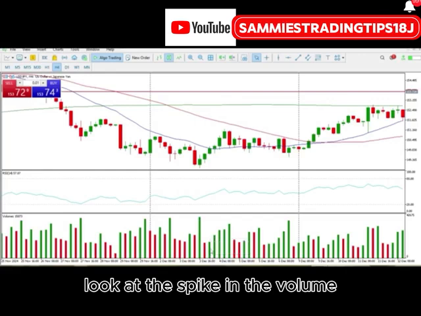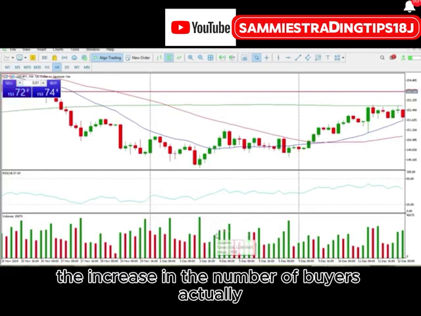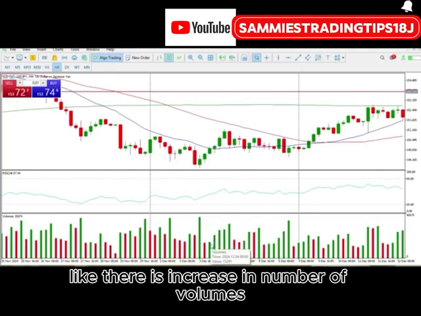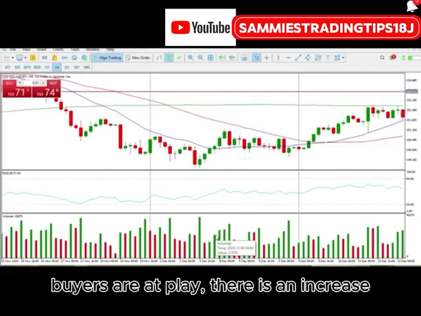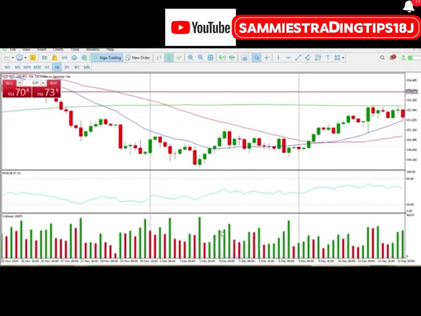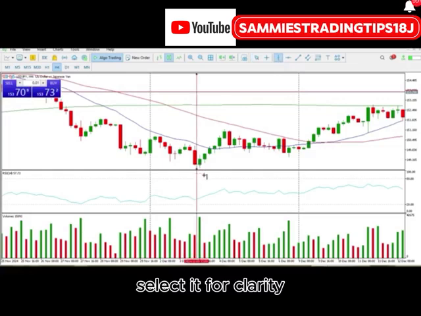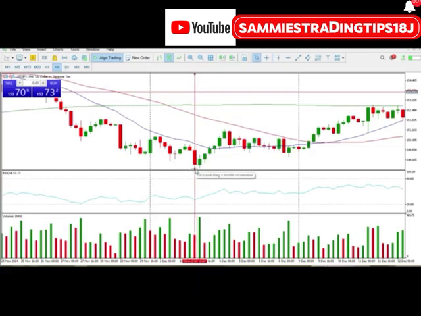Look at the spike in the volume, the increase in the number of buyers. There is an increase, there is an increase, there is an increase. I'm also going to use a vertical line to select it for clarity.